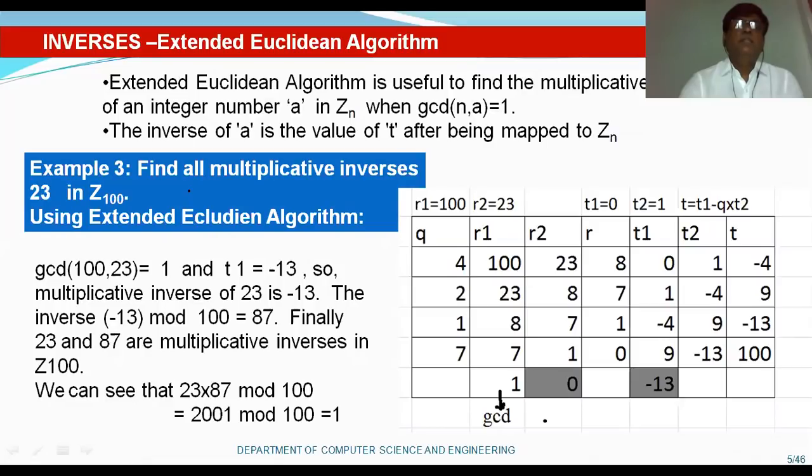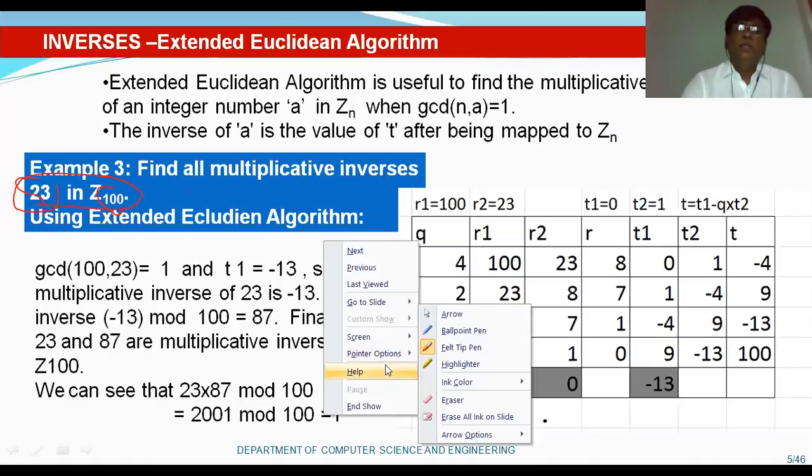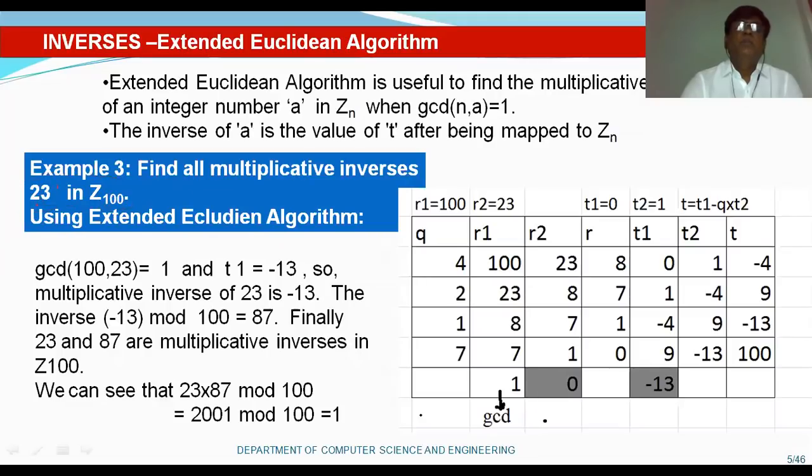For example, find the multiplicative inverse of 23 in Z100. It's not Z10, it's Z100. So what is the multiplicative inverse of 23 in Z100?